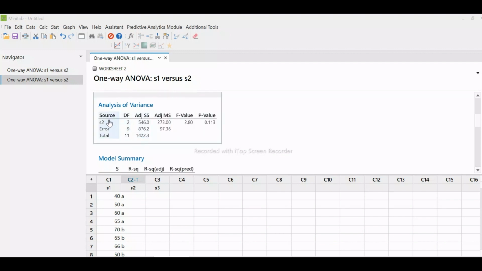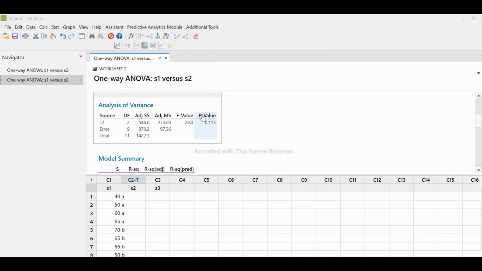We can see the sources of variance, degrees of freedom, sum of squares, mean squares and F value. If we have the table value, we can compare it with the F value. Simply use the p value to compare whether our means are equal or not equal.